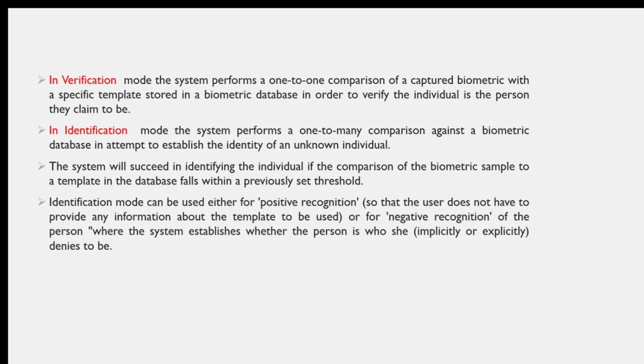Positive recognition means the user does not have to provide any information about the template to be used, while negative recognition is where the system establishes whether the person is who he or she claims to be.